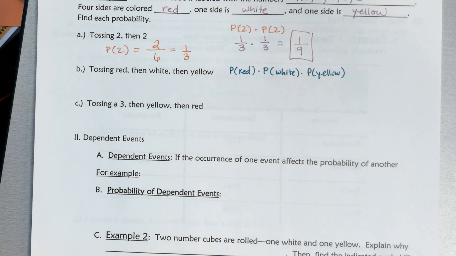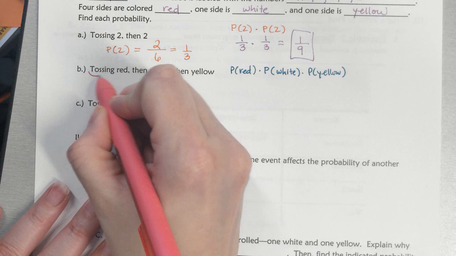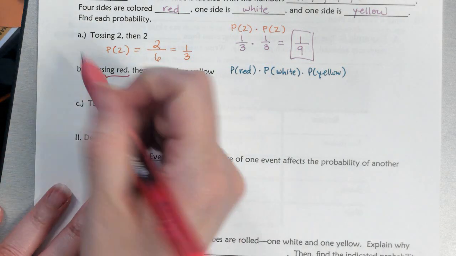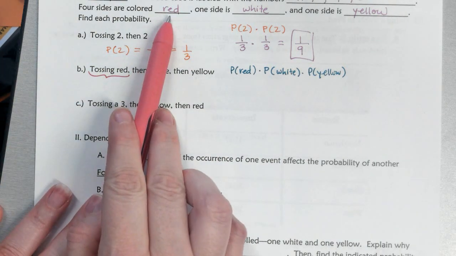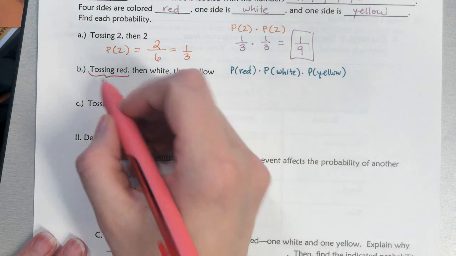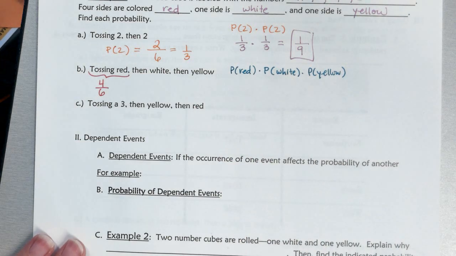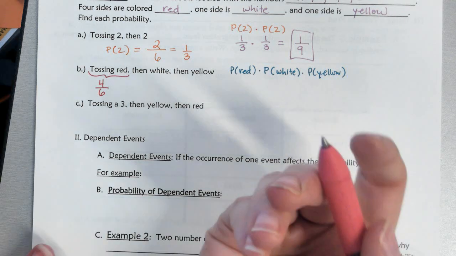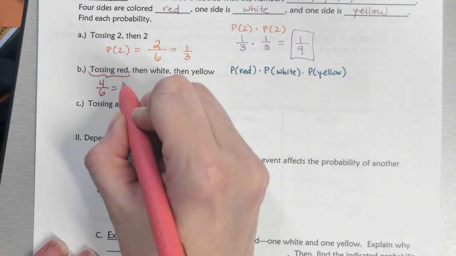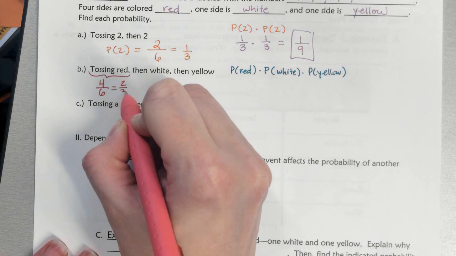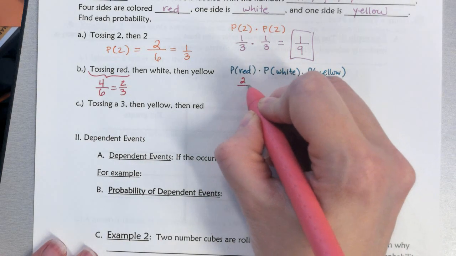Okay? So for the red, what we're going to do is just look and see. There are 4 sides that are colored red, and there is still a total of 6 sides. So tossing a red would be 4 out of 6. And 4 out of 6 is going to reduce to what? 2/3. So that's what I'm going to put here.